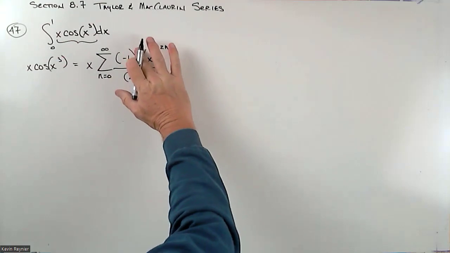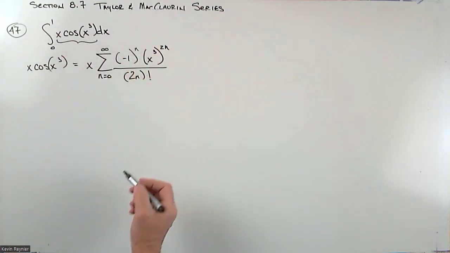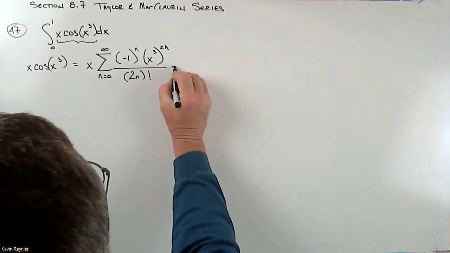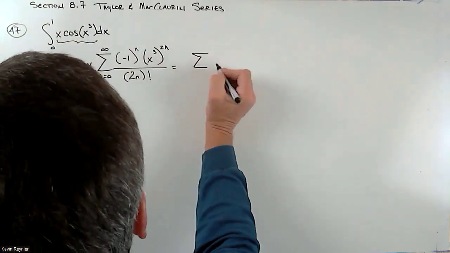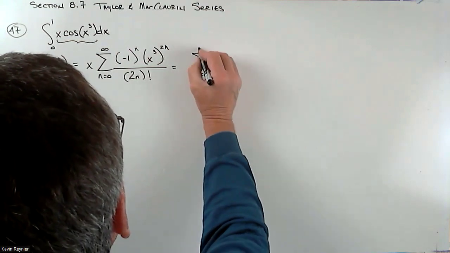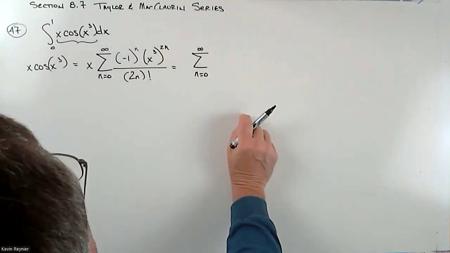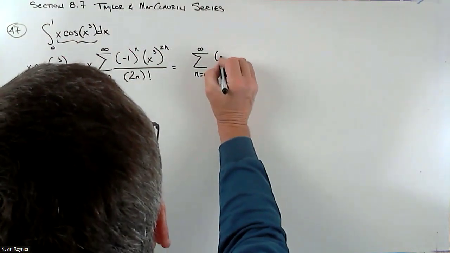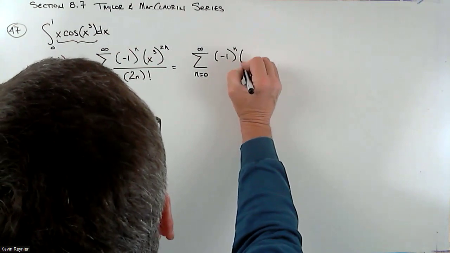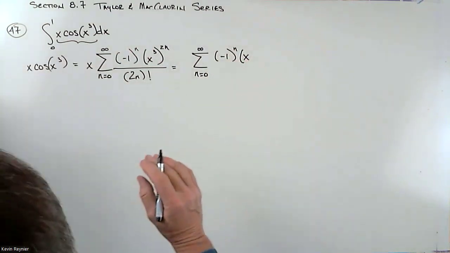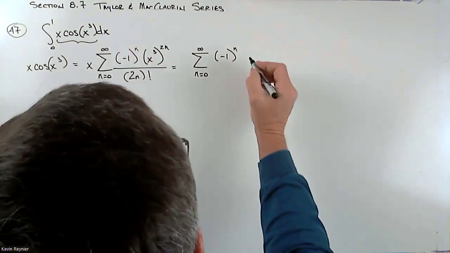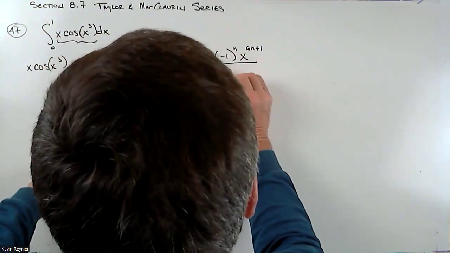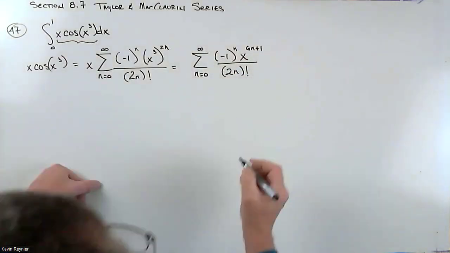That's the power series for cosine, and I put x cubed in place of x, and I put the x out here. If we just clean this up, n equals 0 to infinity, 3 to the 2n is 6n, but there's one x right there. So that gives me negative 1 to the n, x to the 6n plus 1, all over 2n factorial.